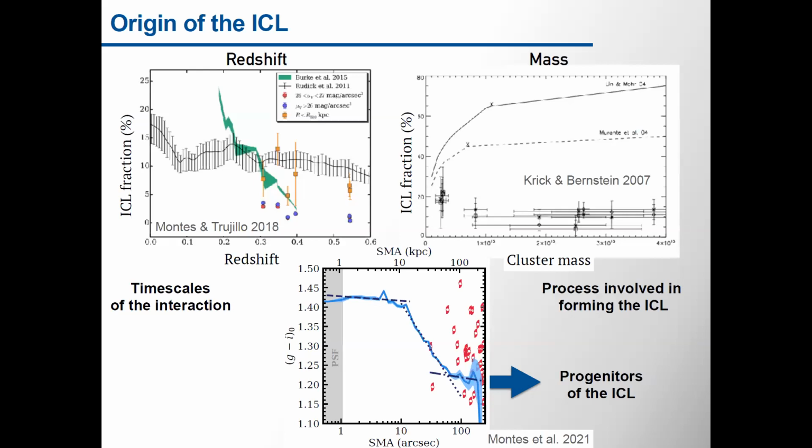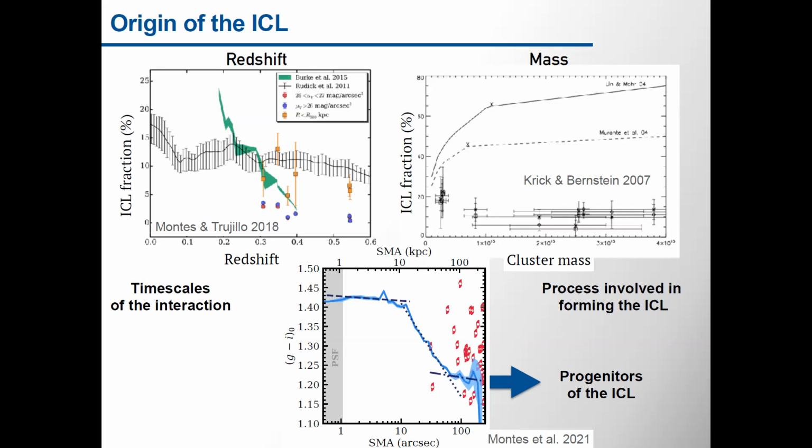So basically, the intracluster light is very interesting. It can tell us a lot about clusters of galaxies, and we are also seeing how it correlates with different aspects of the cluster. It can tell us about the origin and therefore about what happened in the cluster. For example, we can study the evolution of the ICL fraction, the quantity of light in this component with respect to the total light of the cluster, and it tells us about the timescales of the interactions that happen in the cluster.